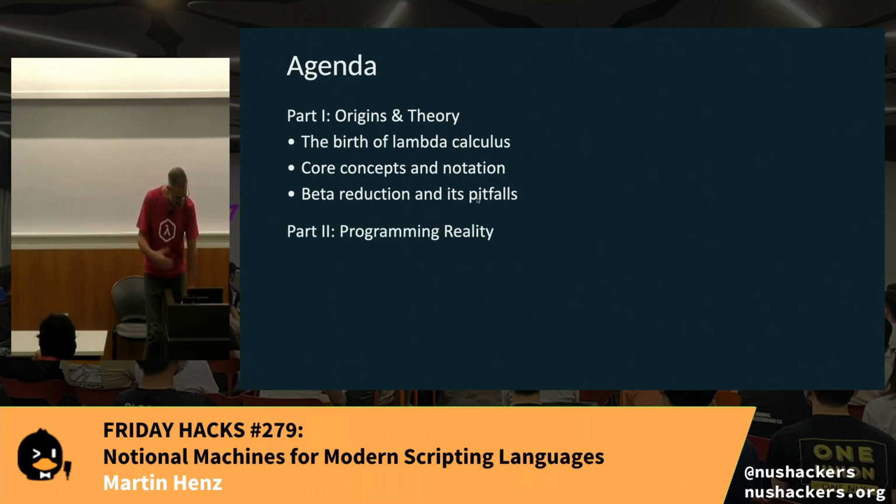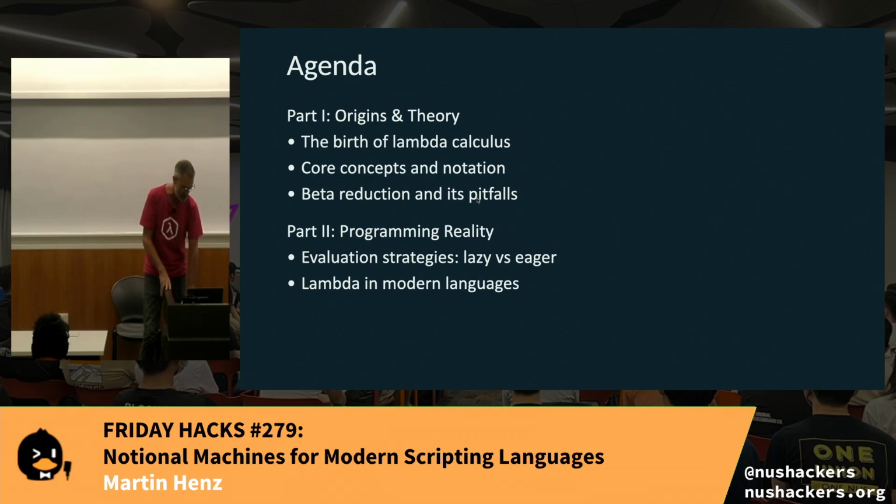Then I'm going to look a bit at the programming reality, what this means for today's programming languages. I'll have a slide on evaluation strategies, lazy versus eager evaluation, also motivated by this lambda calculus, and I'll cover how this notion of lambda influenced today's programming languages.